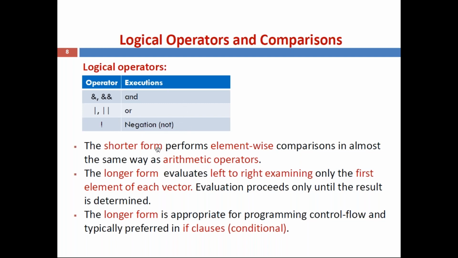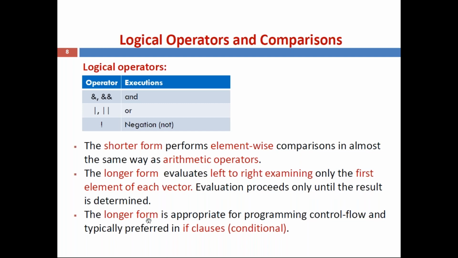Now some explanation about these logical operators. The shorter form, using single ampersand or single vertical bar, performs element-wise comparisons in almost the same way as an arithmetic operator. Whereas the longer form, with double ampersand or double vertical bar, evaluates left to right, examining only the first element of each vector. The evaluation proceeds only until the result is determined.